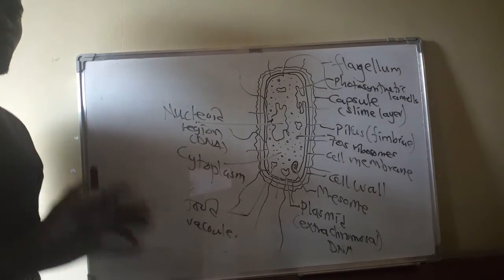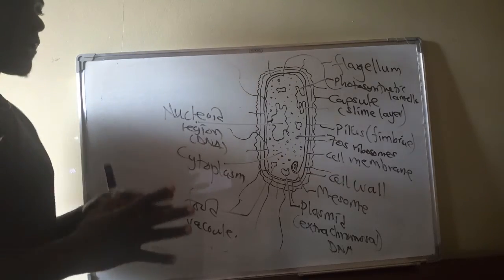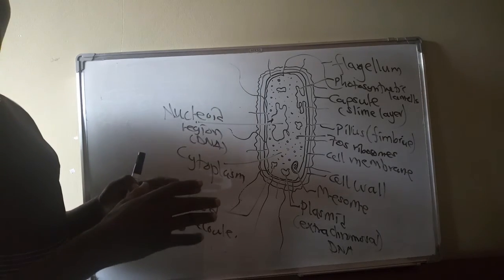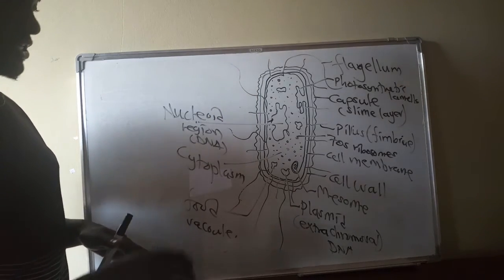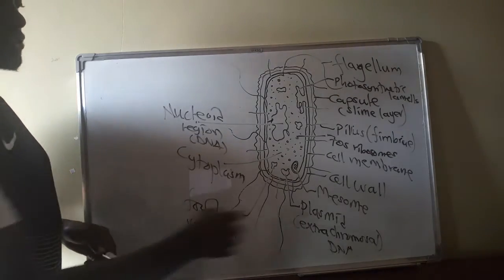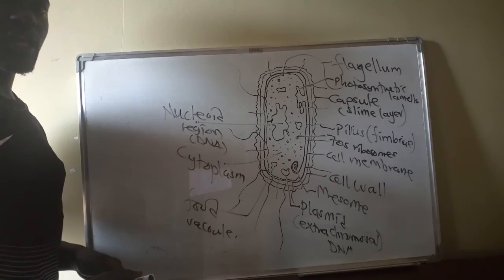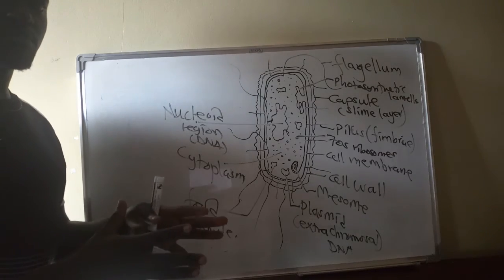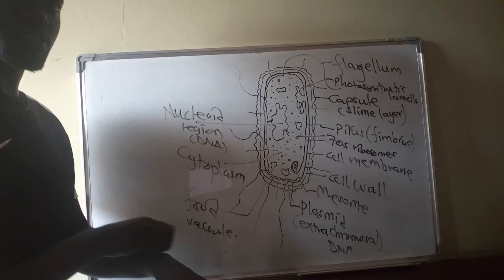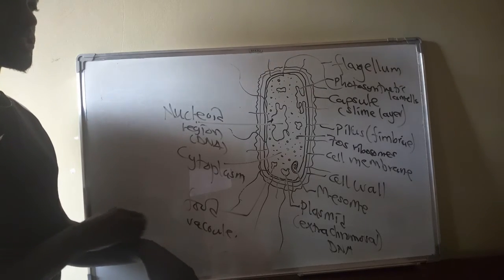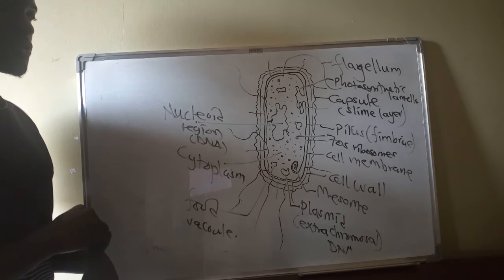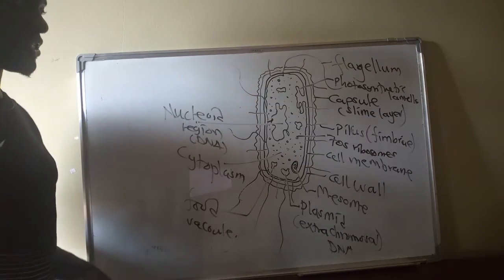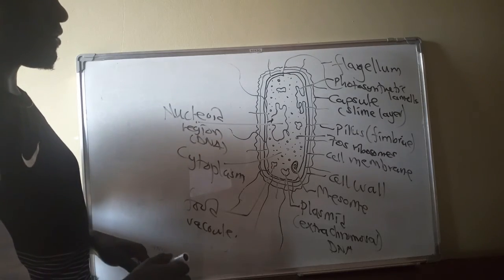It carries close to 4,000 genes compared to eukaryotic DNA that carries close to 10,000 genes. The plasmid DNA carries genes important in antibiotic resistance, resistance to drugs, resistance to harsh weather conditions, and genes important in conjugation and reproduction. So that's the structure of the bacteria.